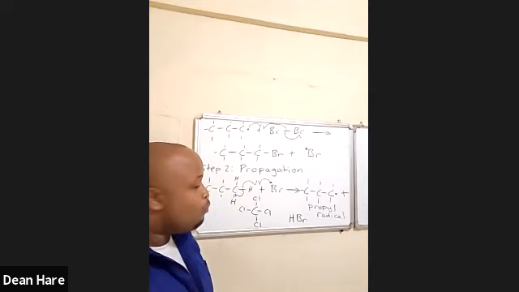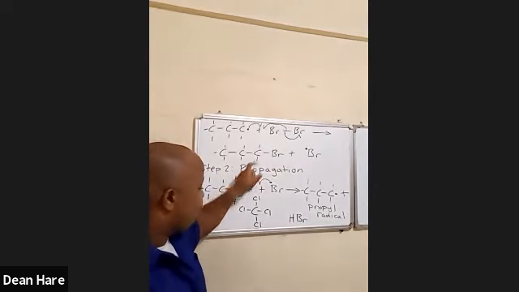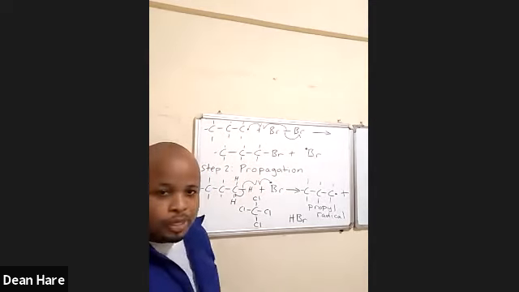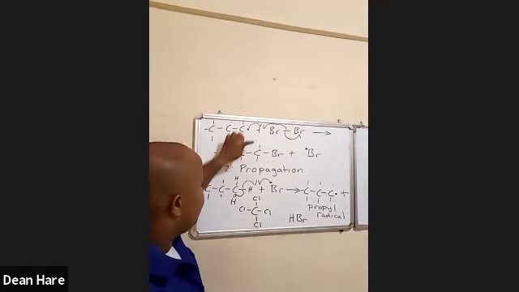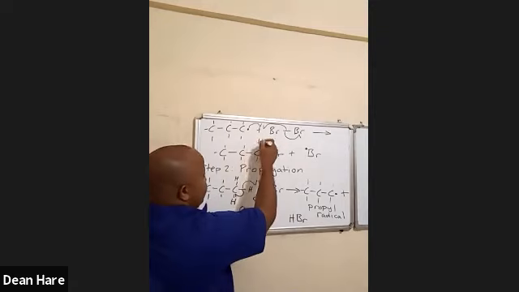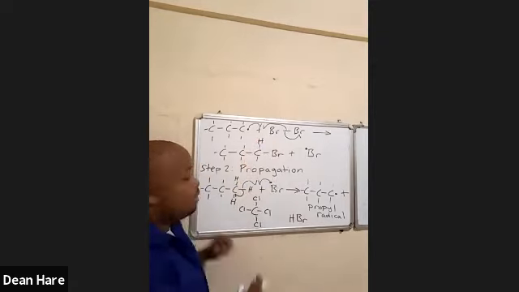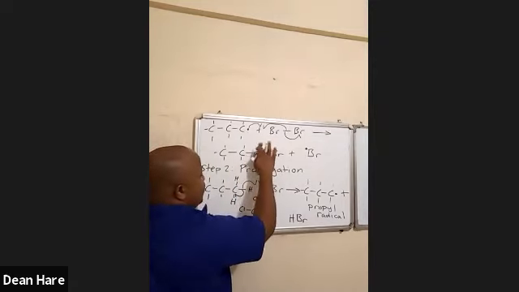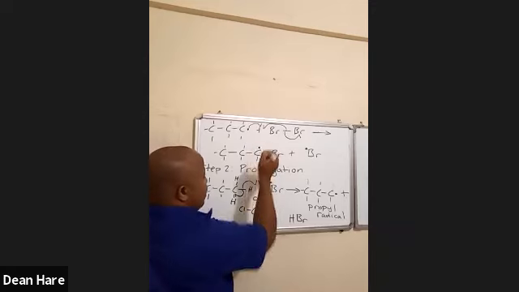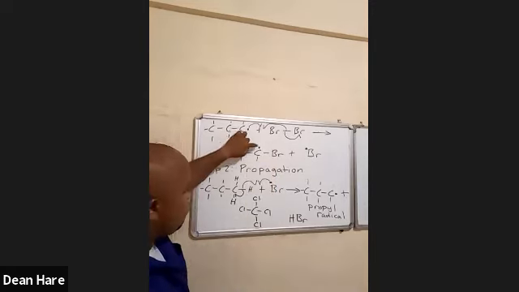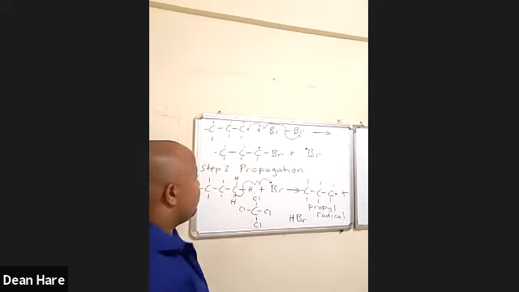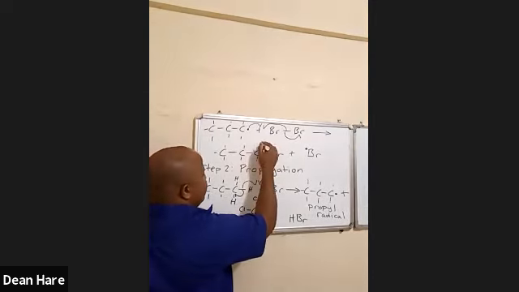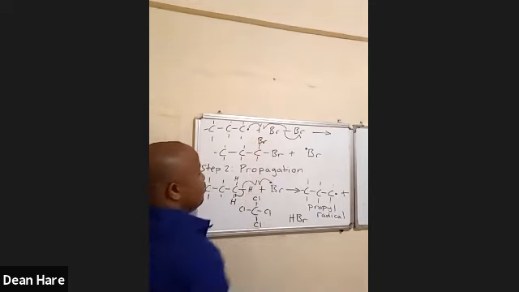So if you need to substitute the next hydrogen, you would repeat the 2 steps again. A new bromine radical would remove a hydrogen, right? After you remove the hydrogen, you would get the radical. And then this radical would attack a new Br2 molecule, in which case you would then get the bromoalkane.